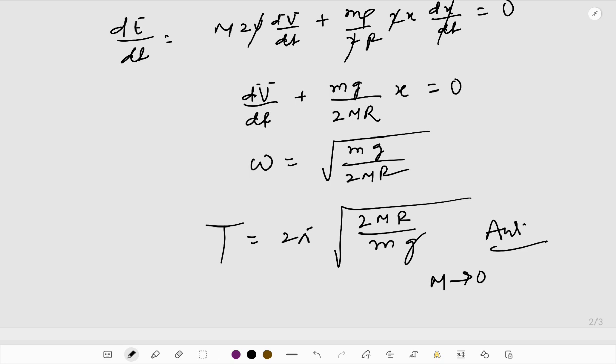It can be shown that with a weightless hoop, any oscillation of the system, even arbitrarily small ones, are not harmonic, and their period depends on the amplitude.